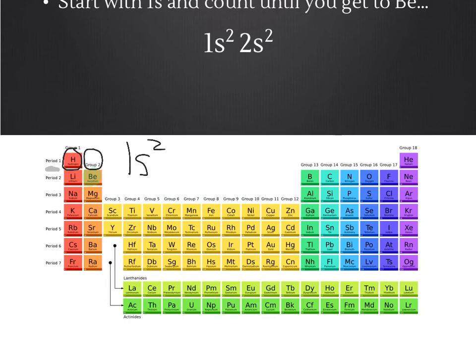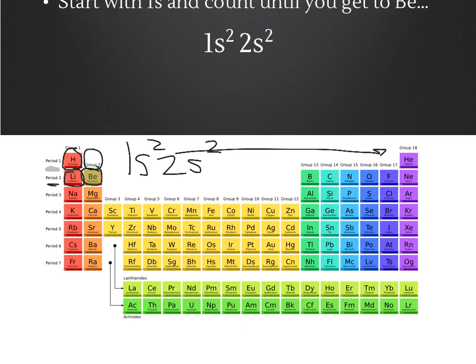We move helium over to the S block and just pretend it's over in the S block. Now there's nothing else in energy level number 1. So I'm going to move over to energy level number 2 now. So 2, we're still in the S block, and I'm going to count 2 electrons, and now we have 1s2, 2s2. Pretty simple, right?